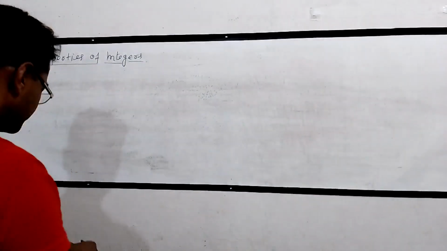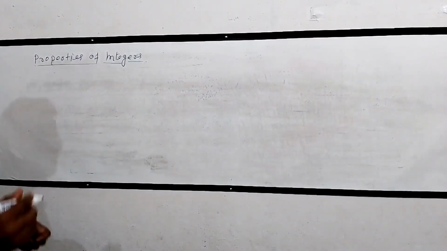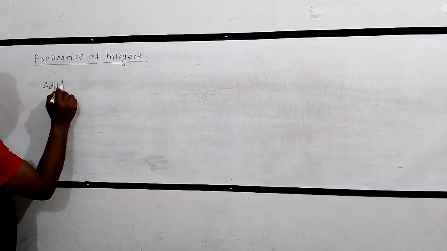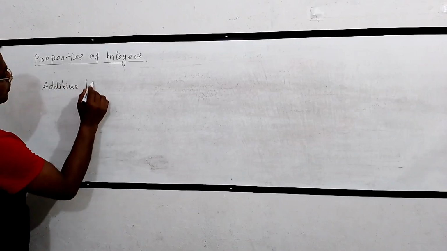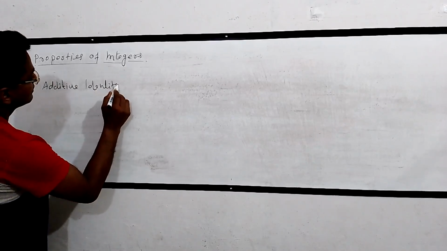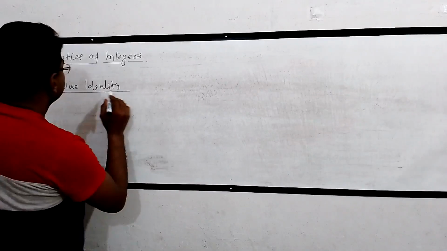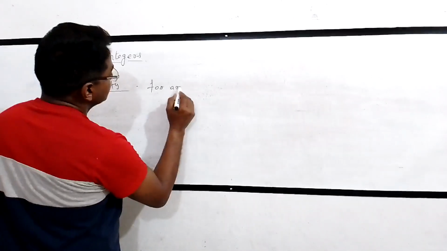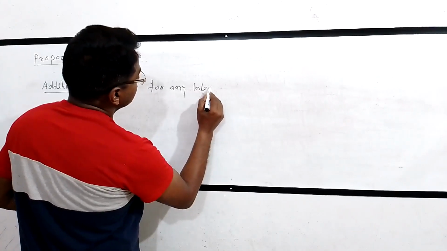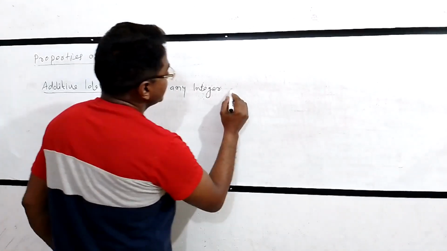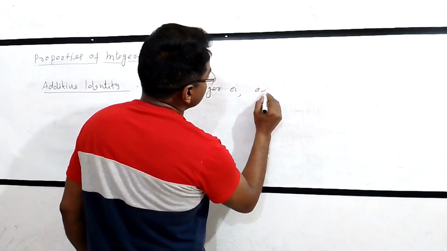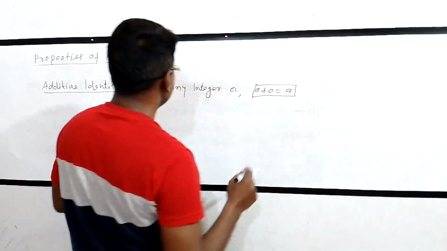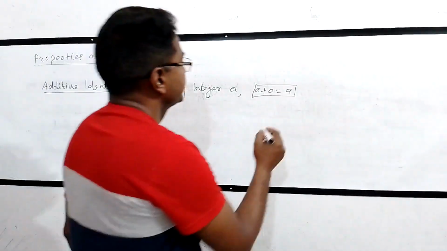The next one is the additive identity. For any integer a, a plus 0 is equal to a.